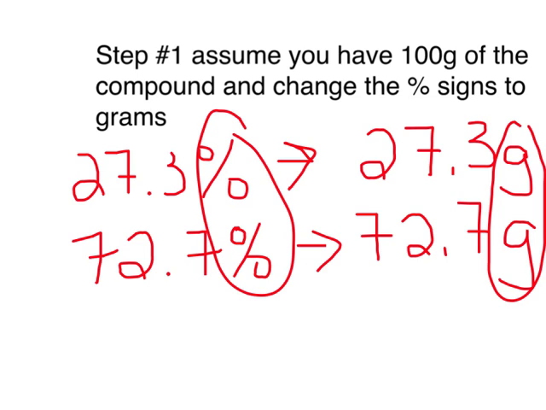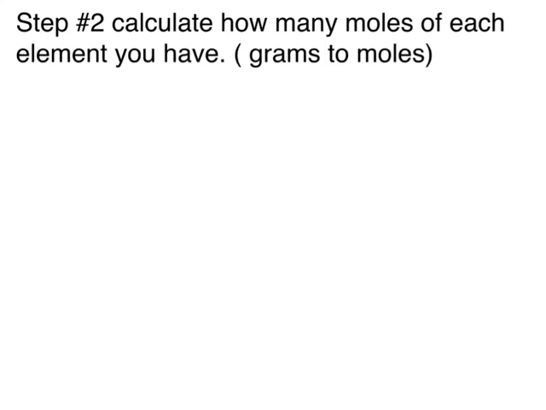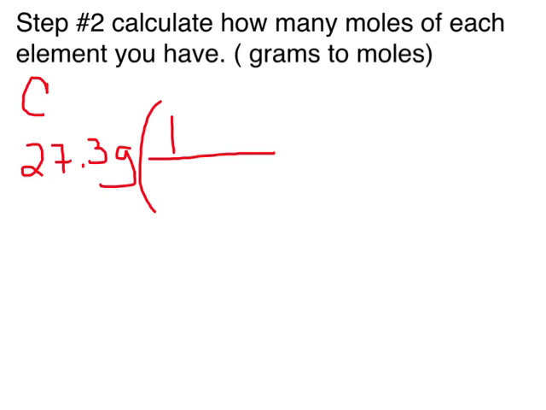So the next step is to actually calculate how many moles you have of each element. So you're going to set up your conversion factor. So for carbon, I know I started with 27.3 grams. I'm going to draw my bracket, draw my line, and I know that 1 mole of carbon is equivalent to 12 grams, if I look it up on the periodic table.